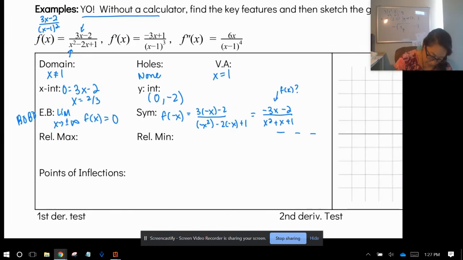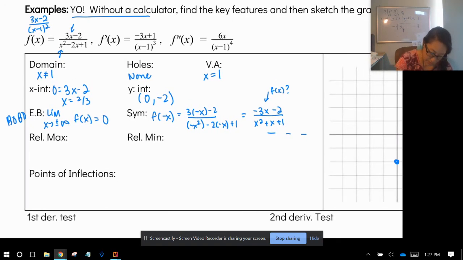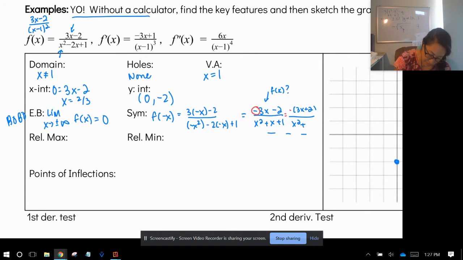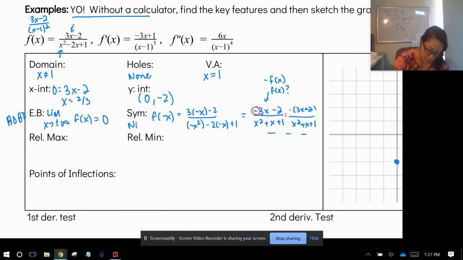I have a problem because of the negative 3x, it's not the same sign. So I'm going to go ahead and try and factor out that negative, giving me 3x plus 2 over, and then it looks like the bottom also doesn't match. So I'm trying to see if I can get this function to equal negative f of x or f of x, and I don't think I can. So there is no symmetry that I can tell.